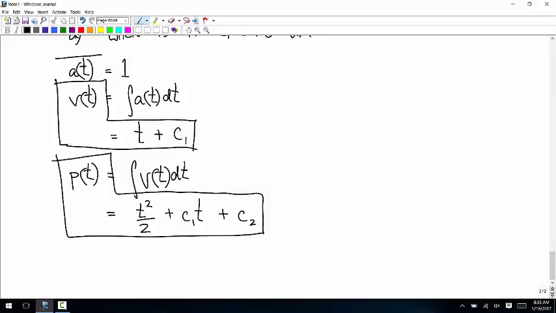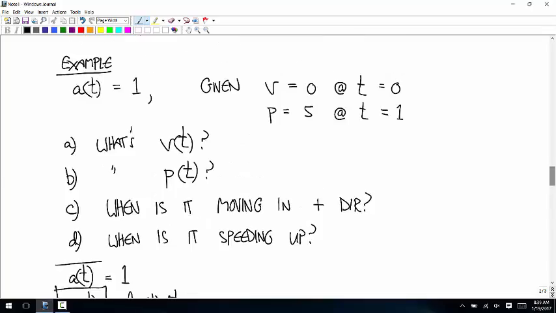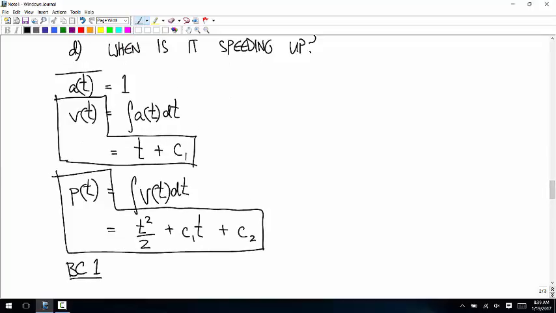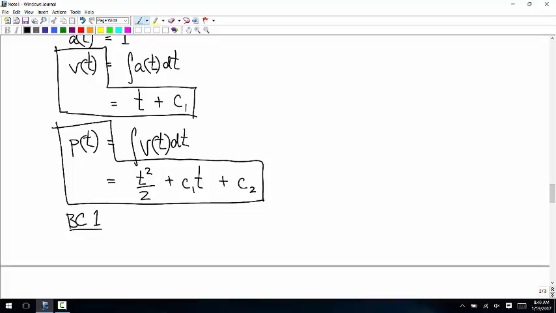And now we can use the boundary conditions. So boundary condition 1 says if you plug in 0 for time into the velocity function, it's 0. So 0 is equal to 0 plus c1.